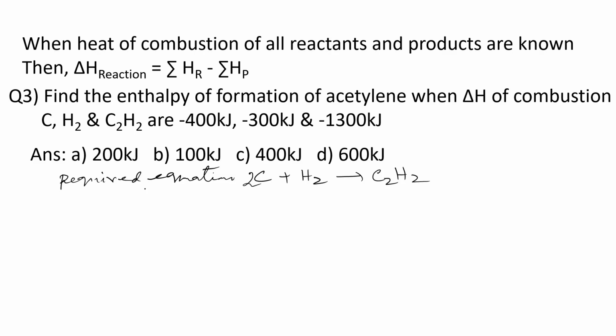Now heat of combustion of carbon is given. So carbon plus oxygen gives carbon dioxide. Here your delta H1 is given as minus 400 kilojoules, right? Now heat of combustion of hydrogen.